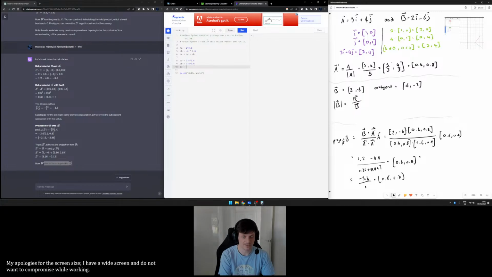The denominator C is equal to dA times dA plus dB, and then you've got output OA equals NC divided by DC times 0.6. OB equals NC divided by DC times 0.8.